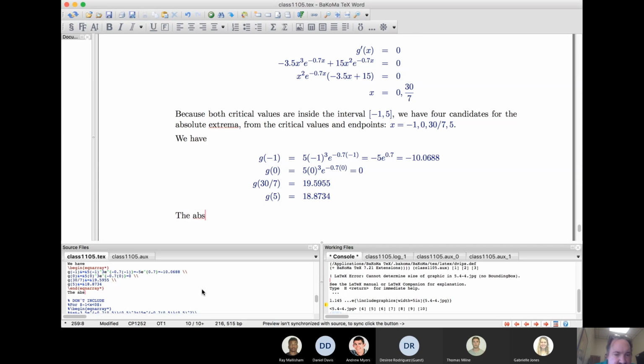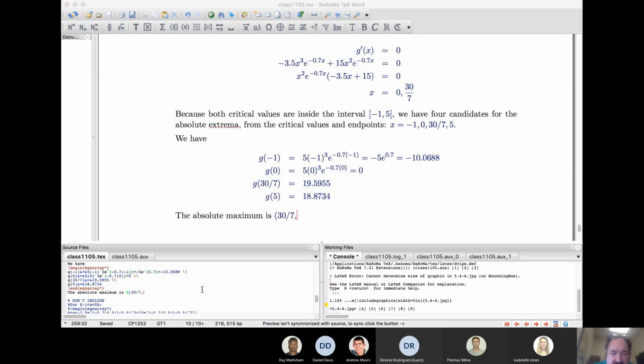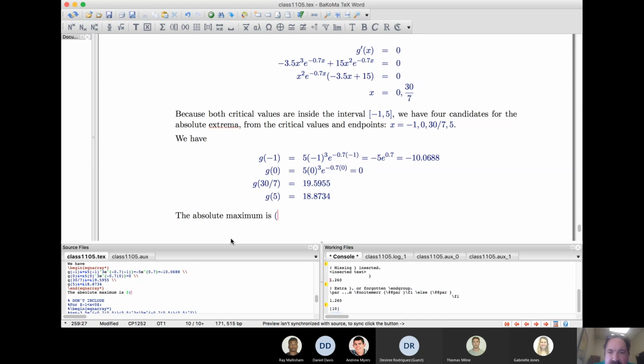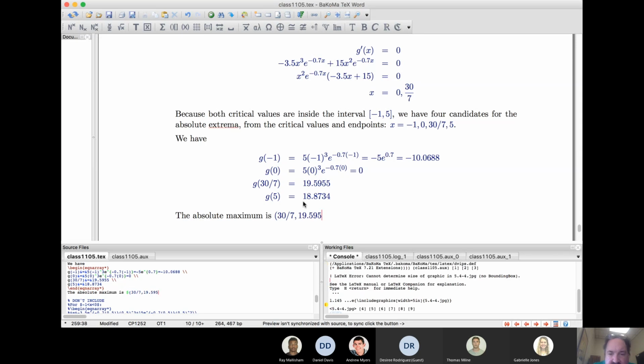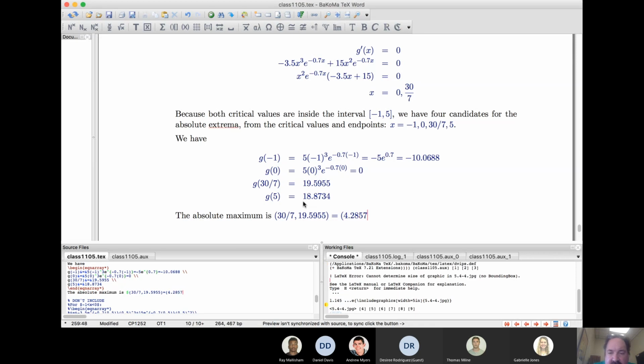So the absolute maximum, and remember, it's an ordered pair, X value, I'll express this as, so 30 over 7 is 4.2857.